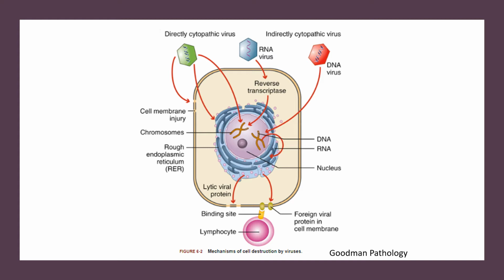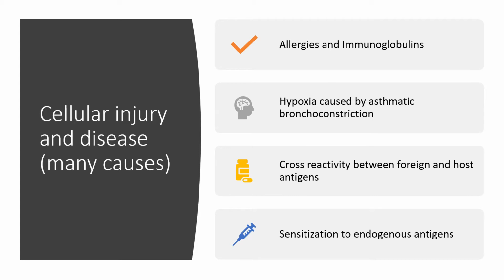So like I mentioned earlier, there are many different things that could cause cellular disease and injury. Let's talk about general allergy. So many of you have just moved to a new location, bright, beautiful, sunny Florida. However, many of you have probably not been exposed to the massive amount of pollen that we have in the air. So pollen will basically cause our body to elicit an allergic response if we're not used to it.